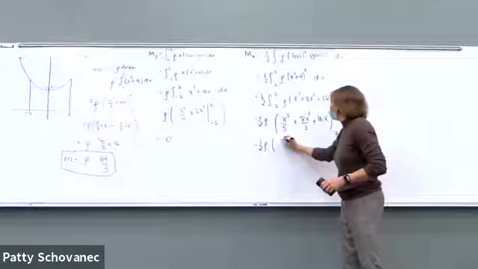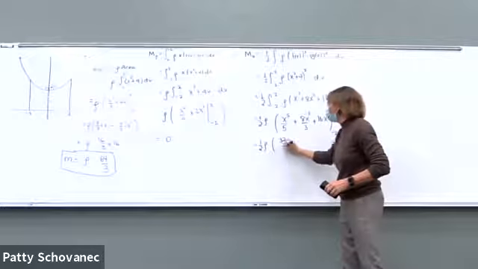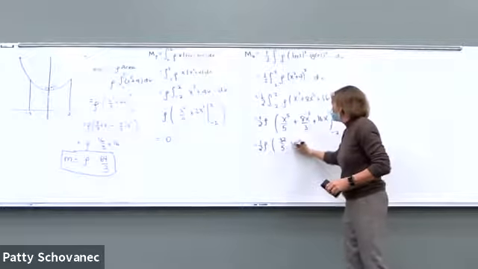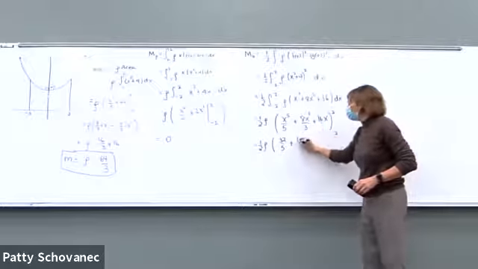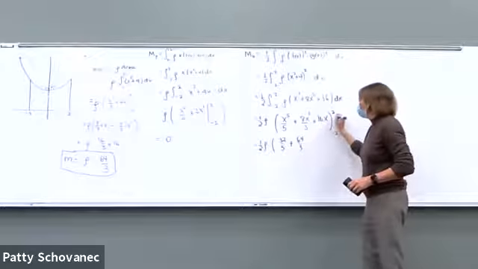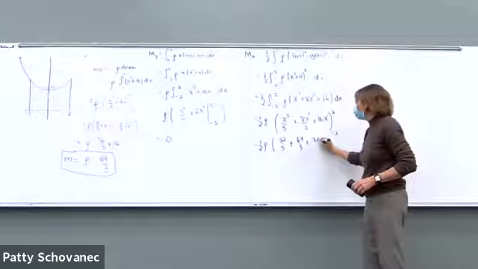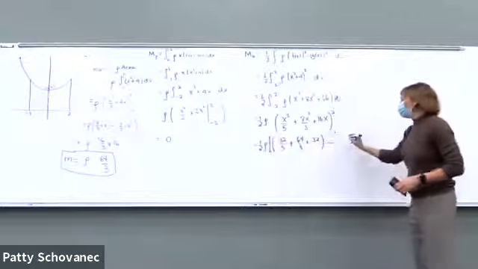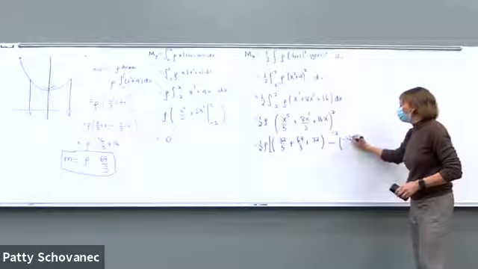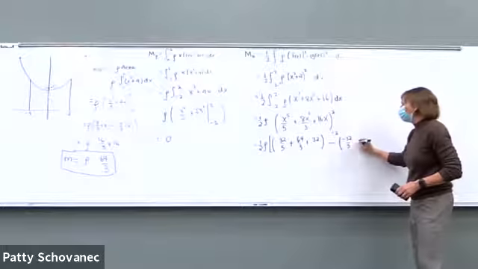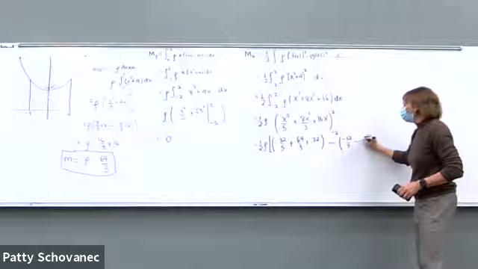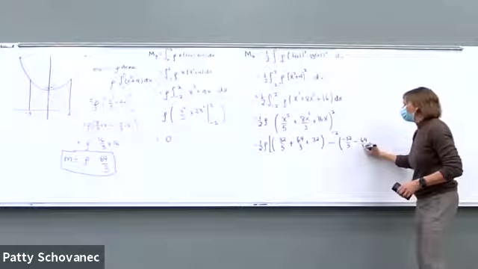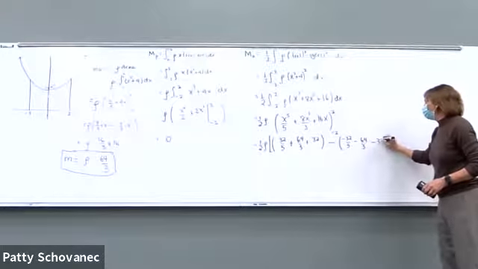So I'm going to have 2 to the 5th is 32. 2 cubed is 8. 8 times 8 is 64. And 2 times 16 is 32. Now when I put the -2 in there, I'm going to get a -32 over 5, -64 over 3, and a -32.